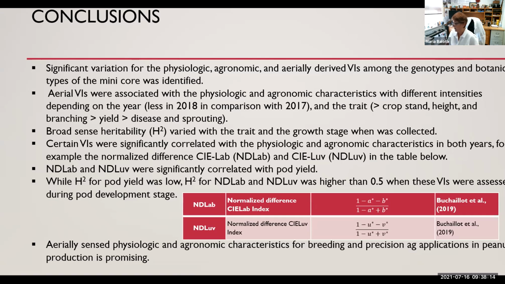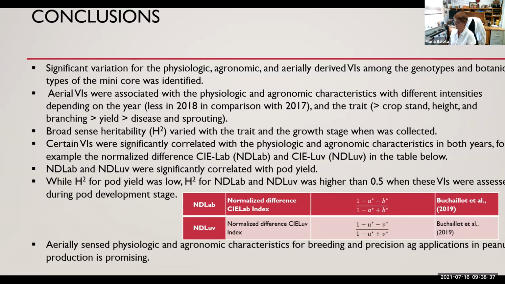So not every year is so good for phenotyping. Phenotyping may be less successful in a year like 2018 in comparison with 2017. And some traits can be estimated with more success than others.